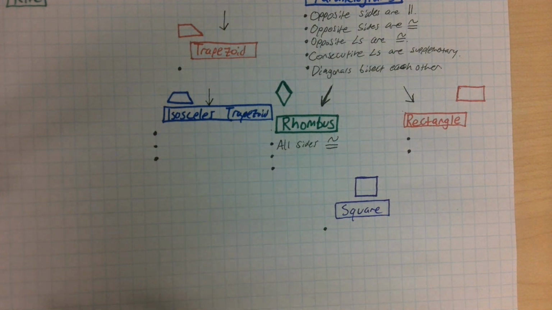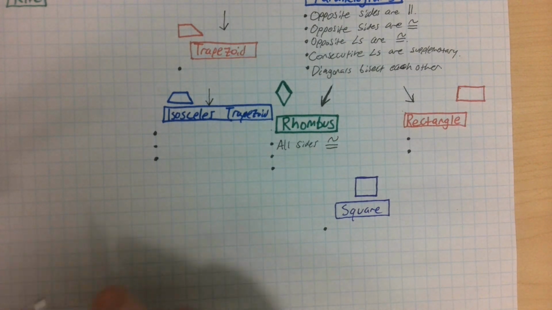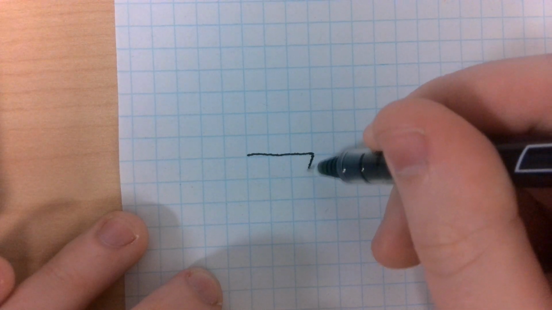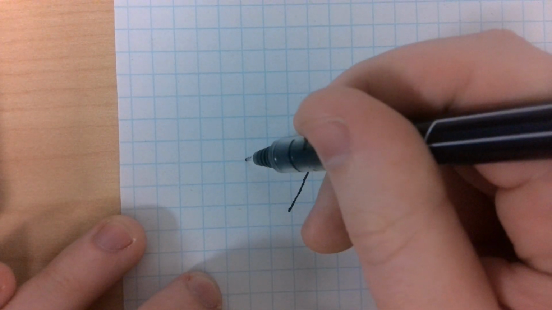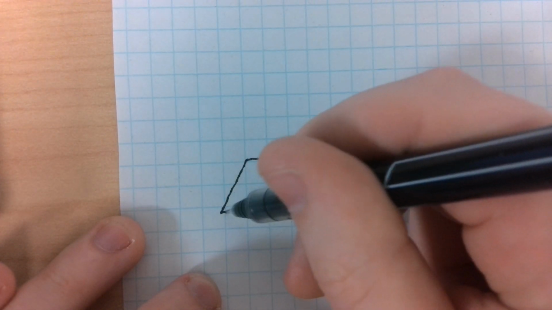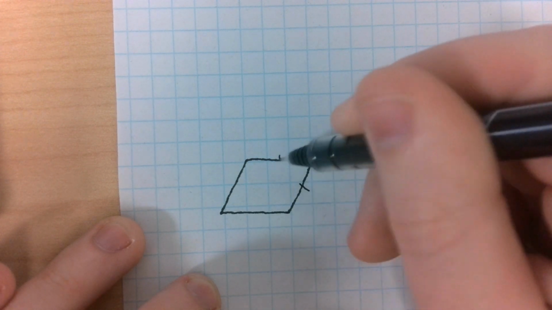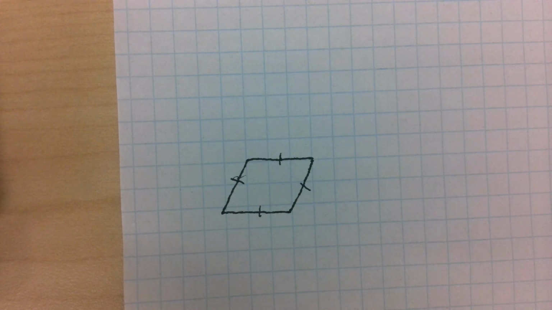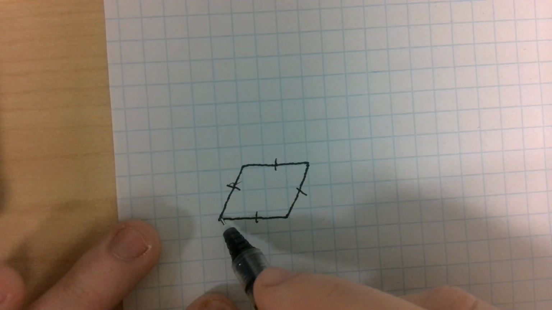Now, there is something interesting that happens with a rhombus, specifically with the diagonals of a rhombus. If I draw a rhombus, let's say that these side lengths are all going to be about 3, about 3, about 3, and about 3. If I have a rhombus here where all 4 sides are the same, what can we say about the diagonals?